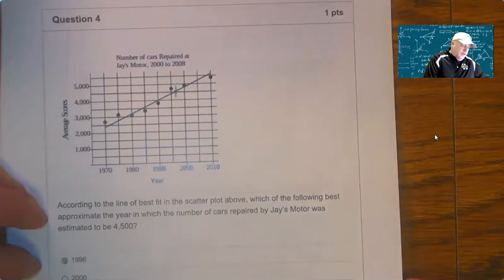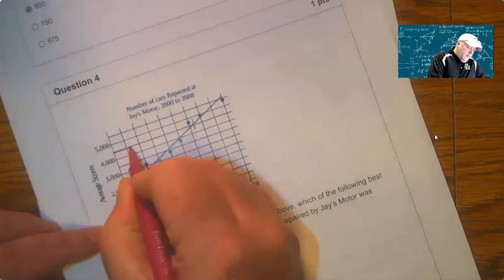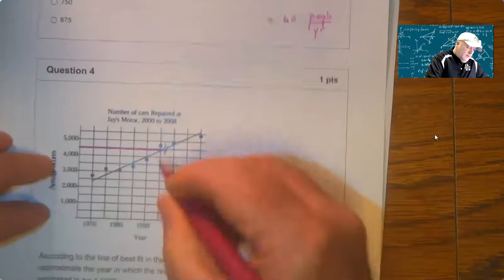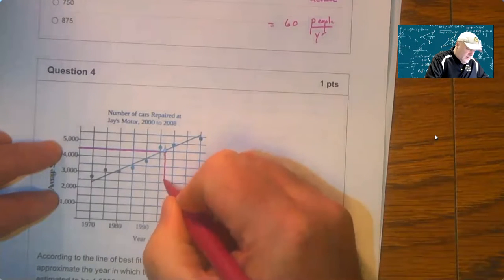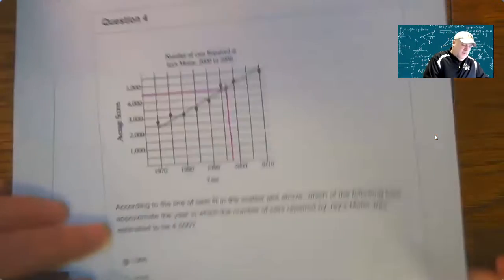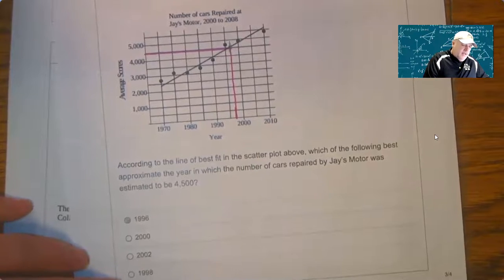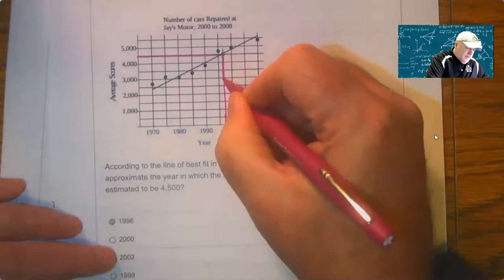Here you just have to figure out, take 4,500 and go over and see what the X would be that corresponds to that. So you just want to come down approximately right there. So definitely past 1995. They make it pretty tight in here.